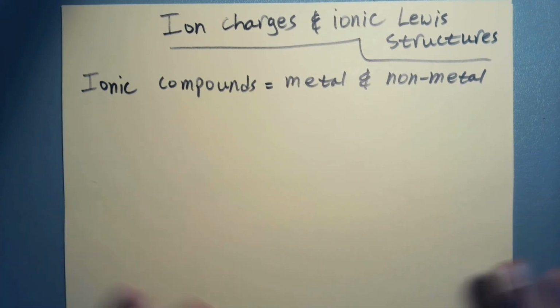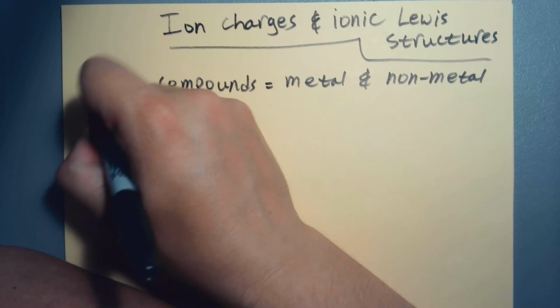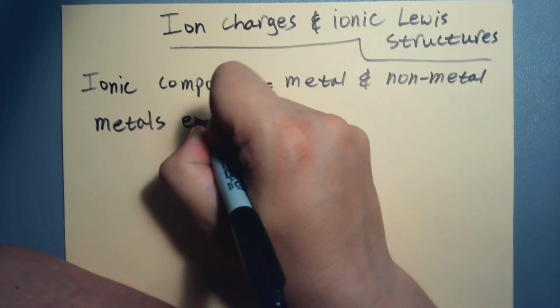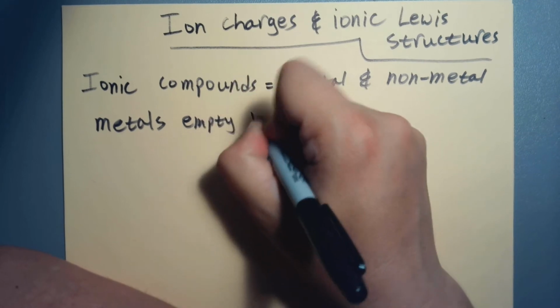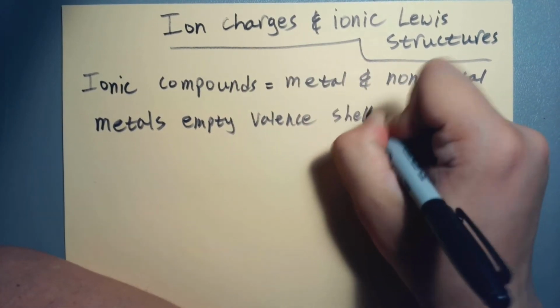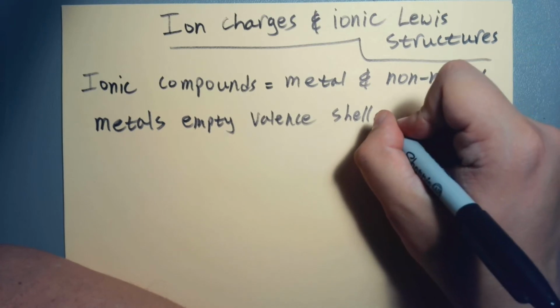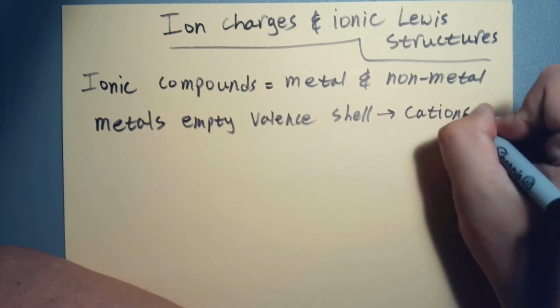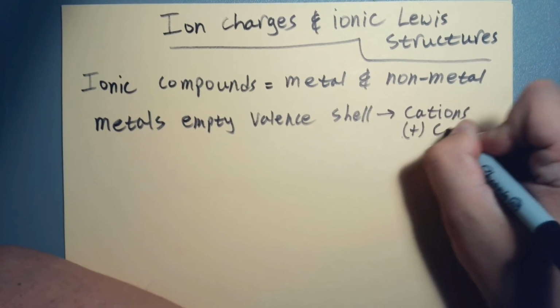It's all about them. But this is kind of an introductory. So the metals are going to empty the valence shell. And they're going to become cations because they're going to have a plus charge.